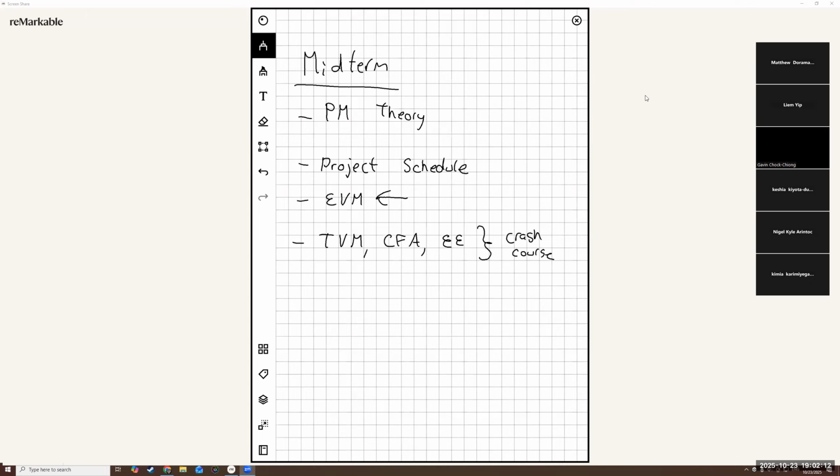But other than that, project scheduling and the project management theory will not be covered here. So you might have to review your theory and the scheduling on your own time to be fully prepared for the midterm. Okay, so with that being said, we're gonna get started.